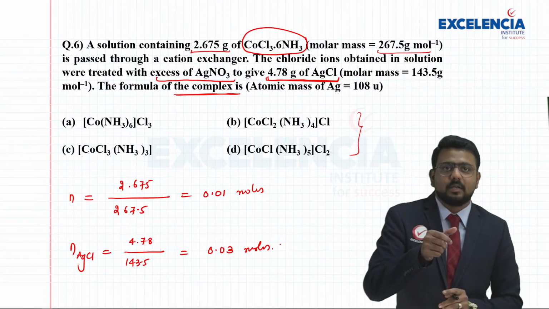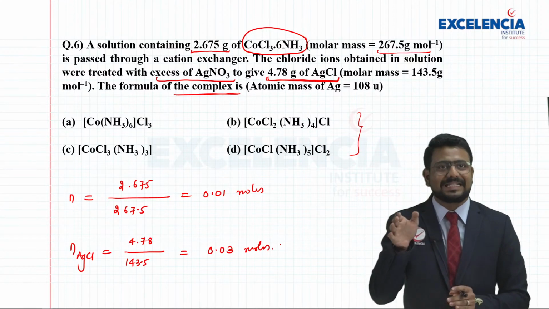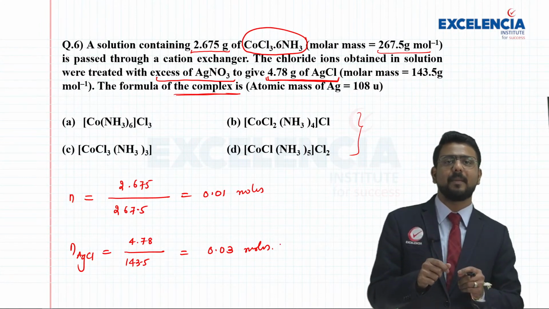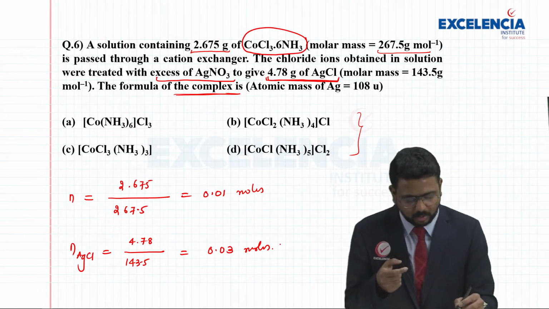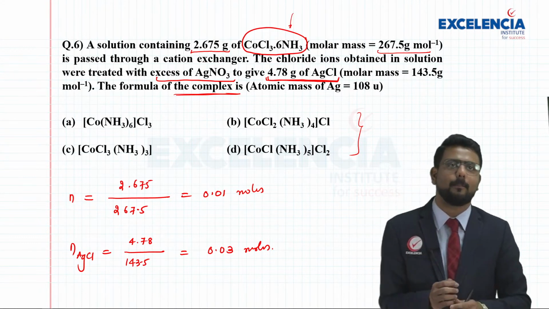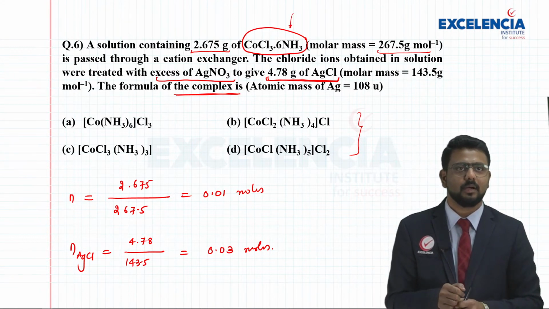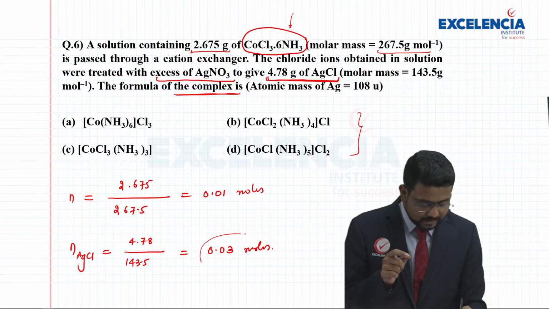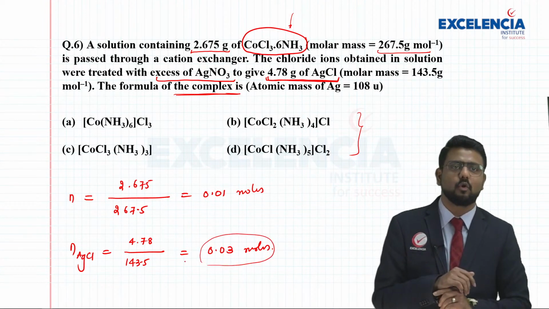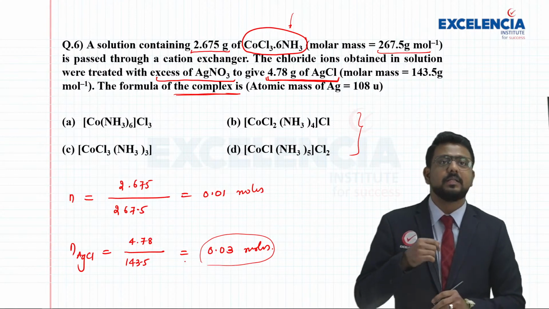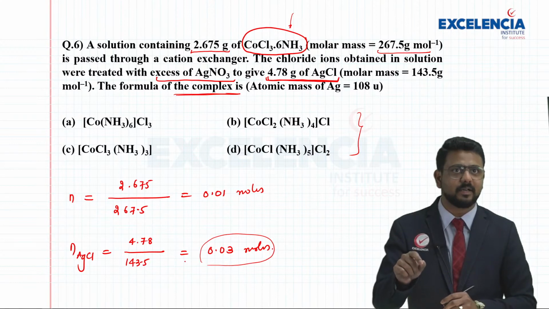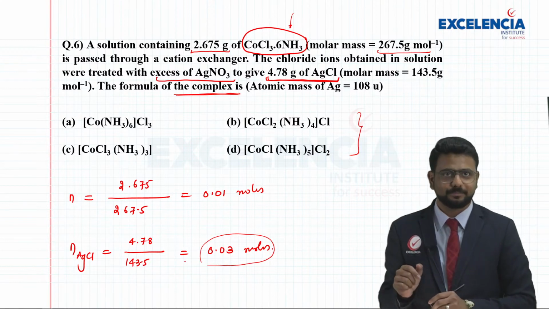Now the point here is, because we have been given that we are using excess of silver nitrate solution, the amount of AgCl is actually determined by the chloride ions which are coming out of this particular complex salt, isn't it? Right? And now, because we are getting 0.03 moles of silver chloride, there must be 0.03 moles of chloride ions generated from this salt.